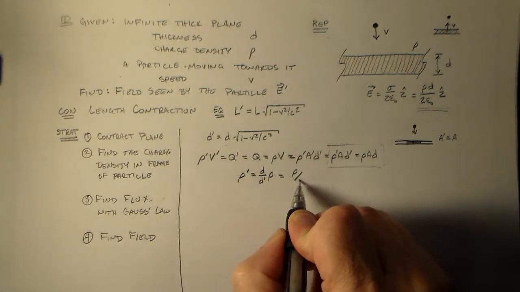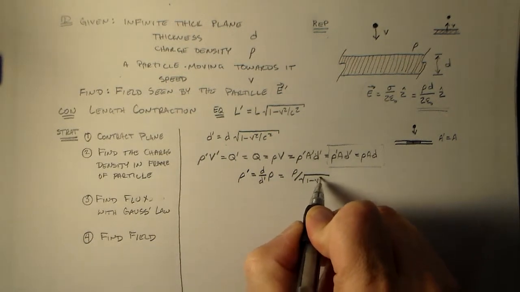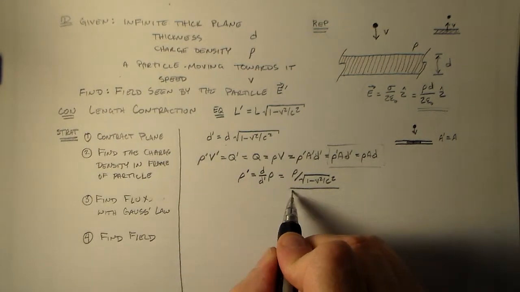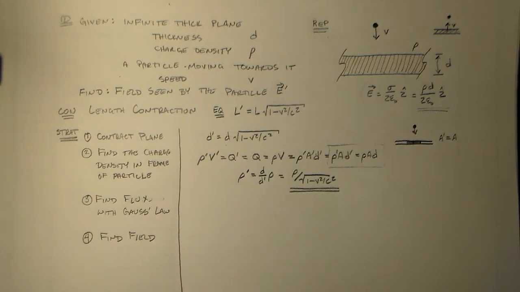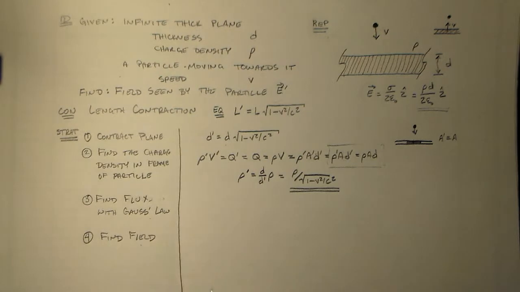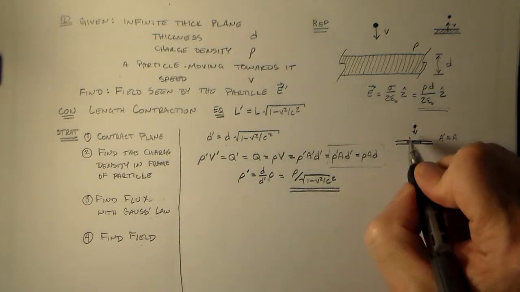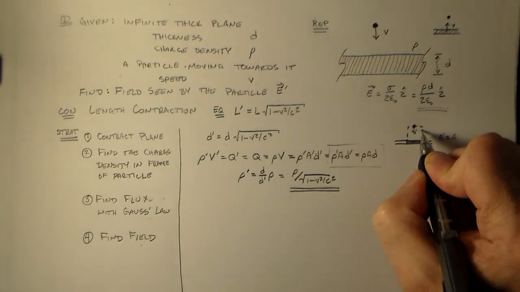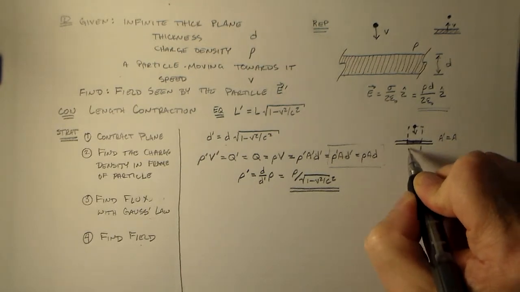So we have rho over the square root of 1 minus v squared over c squared. So this is our charge density right here, the charge density that we're going to use in Gauss's law to figure out what the field is. All right, so now we're doing Gauss's law. That means we have to have some sort of Gaussian surface.